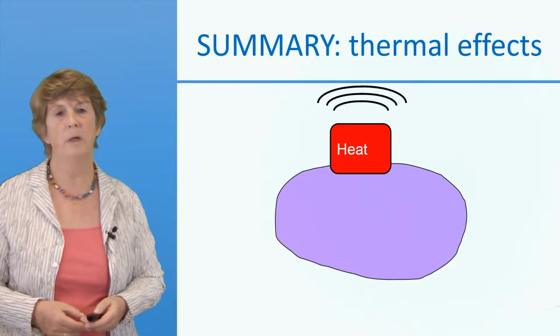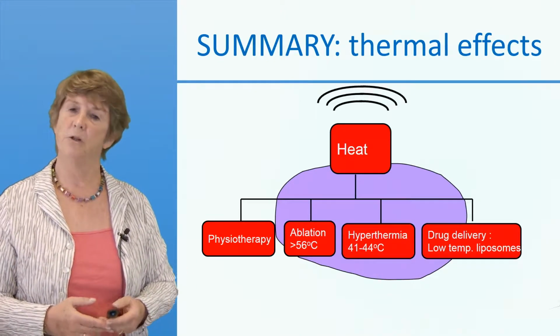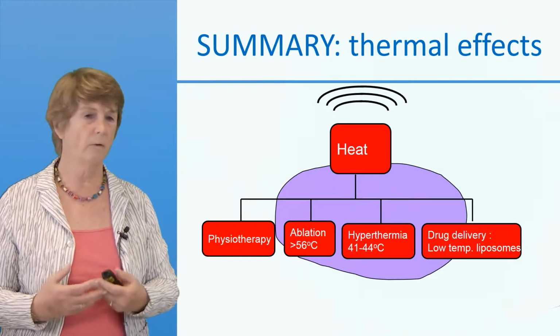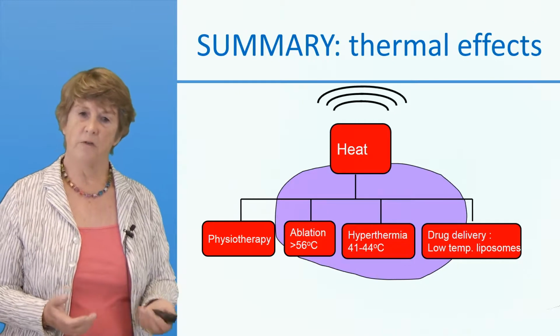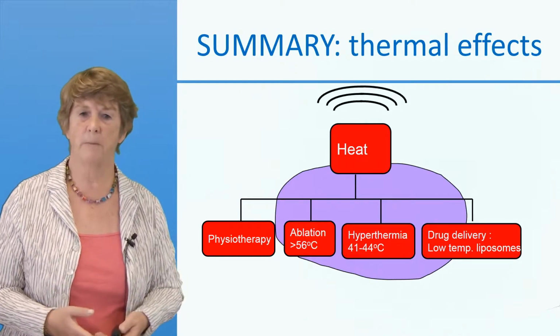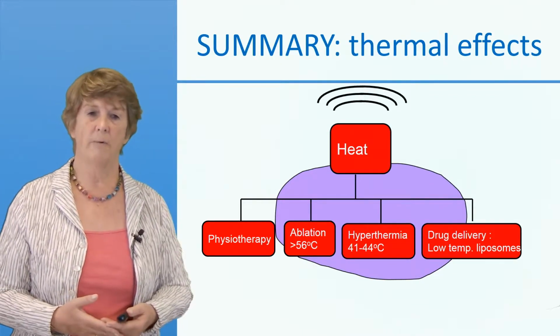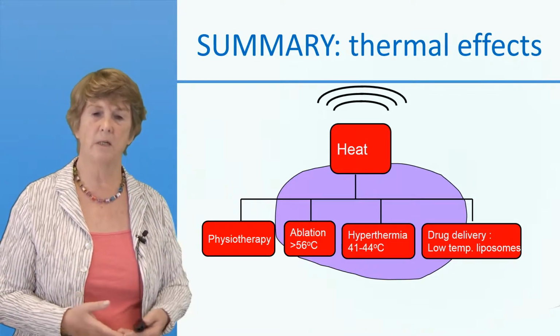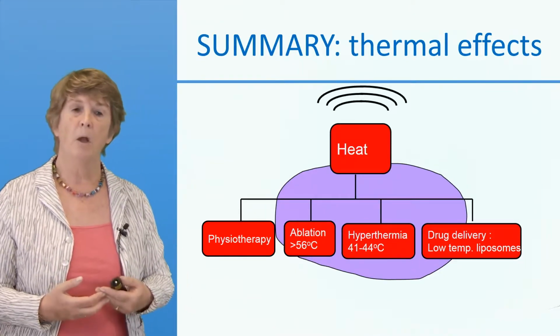So in summary, we know with ultrasound that we get heating. We can use that in physiotherapy, for example, helping in tendon injuries. We can use it for thermal ablation if we go to temperatures above 56 degrees centigrade. We can use it for hyperthermia, where we use ultrasound heating in conjunction with radiotherapy plus chemotherapy.